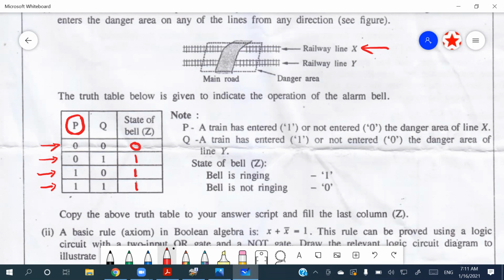So 0.5 marks for each line, out of these 4 lines.